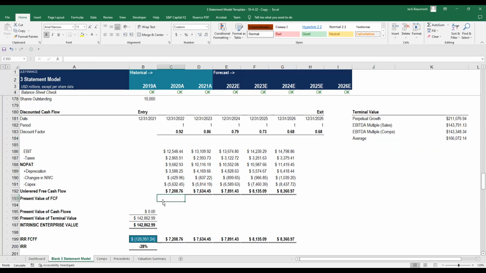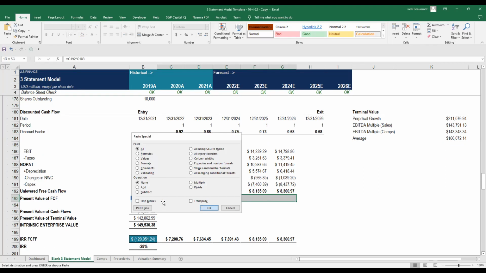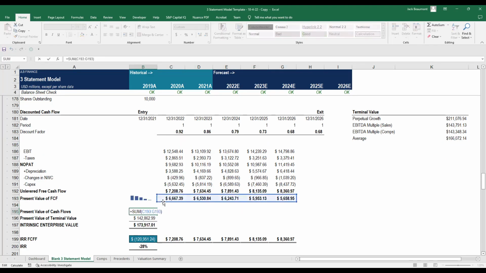Okay, so we have our cash flows here, and what we're going to take is the present value of these. Remember I said before, take the future value of these and multiply it by these factors. This has summed that up for you to save some time.